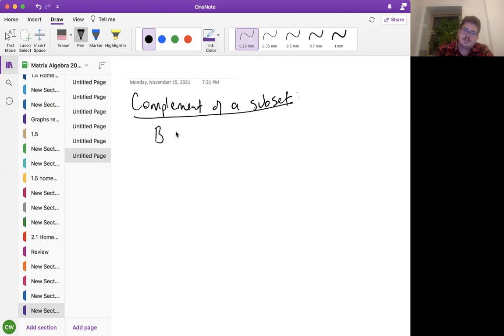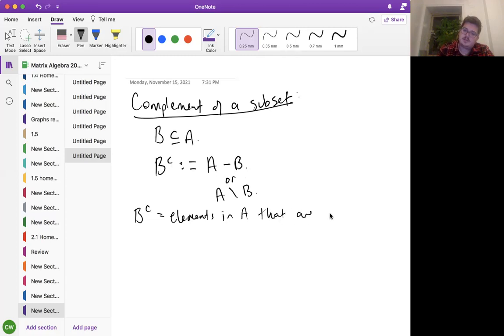So if B is a subset of A, B complement is defined to be A minus B. Another symbol would be A with a backslash B. In other words, B complement is the elements in A that are not in B. Questions on that?